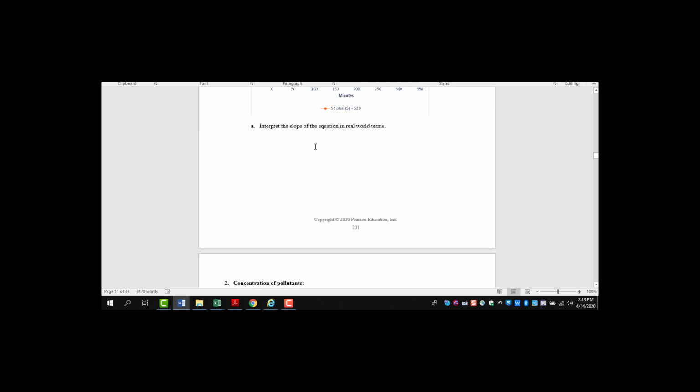So in this worksheet that we're going to be doing, starting on this page, which is 201, we're going to ask you to interpret the meaning of the slope. This is obviously a linear equation. And here's the slope, and we're trying to interpret the meaning. This is how you can do it.